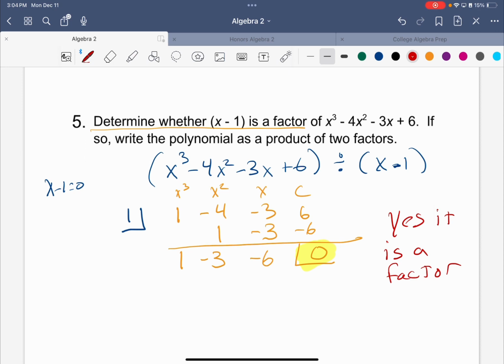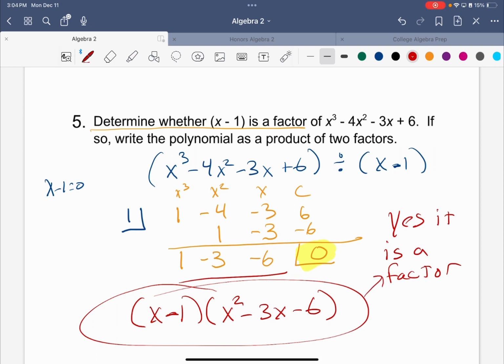So if it's a factor, this is how we write it. We write our factor first. Our factor was x minus 1. Now we're just going to take this and write it how we have been. So we started with x cubed, so it's x squared minus 3x minus 6.